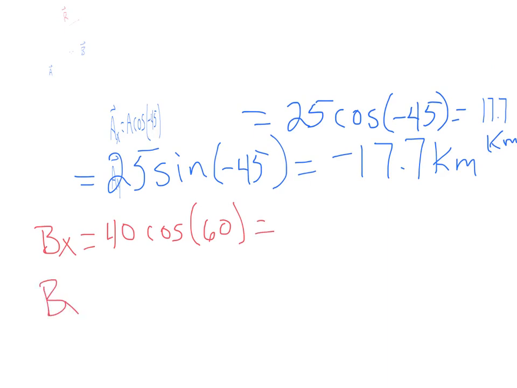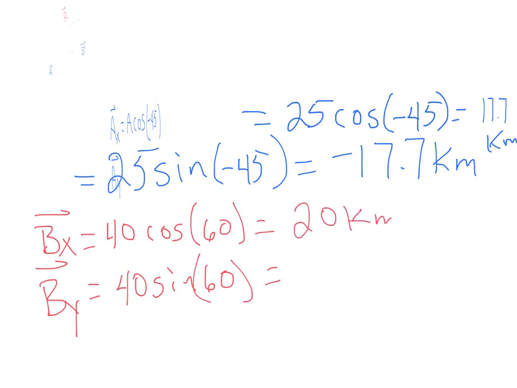And B of y is going to be 40 times sine of 60. When we plug these into our calculator, we get 20 kilometers for the x component and about 34.6 kilometers for our y component.